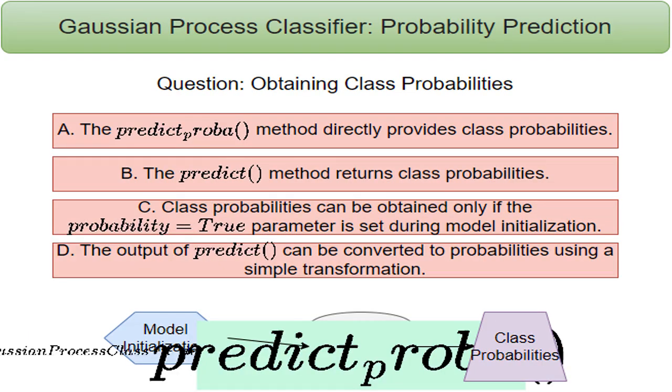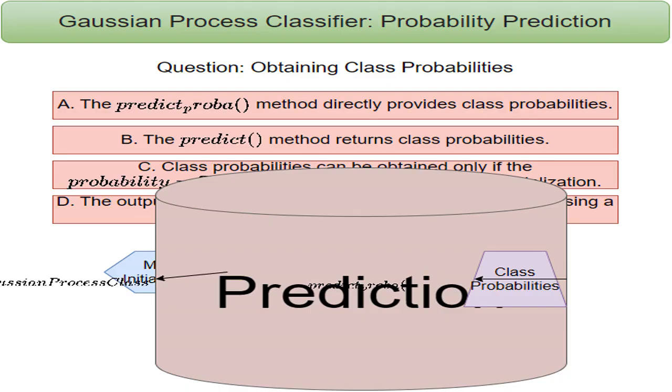This method gives you exactly what you want, the class probabilities. After training a Gaussian process classifier, remembering to set "probability equals true", calling "predict_proba" on your new data will return a matrix. Each row represents a data point, and each column shows the probability of that data point belonging to a particular class.